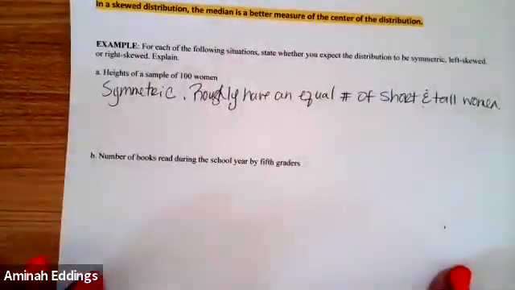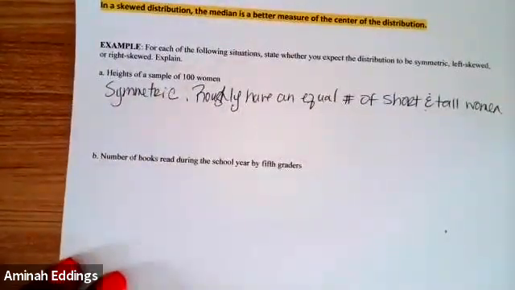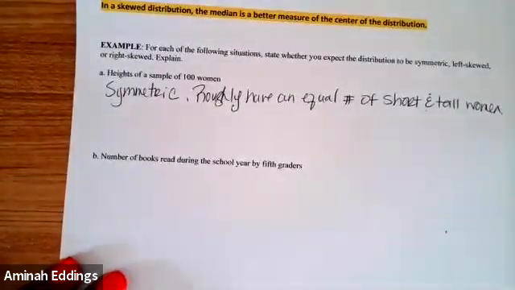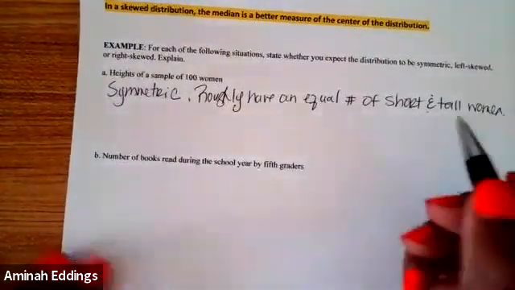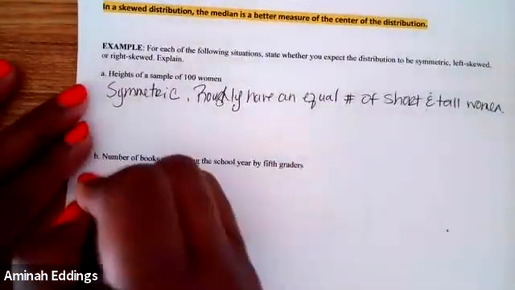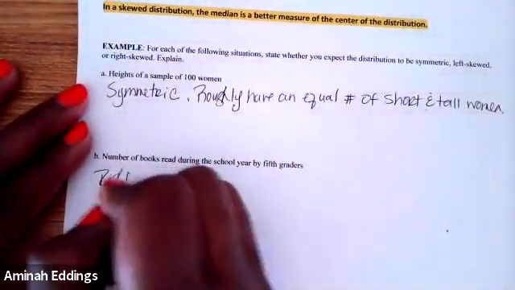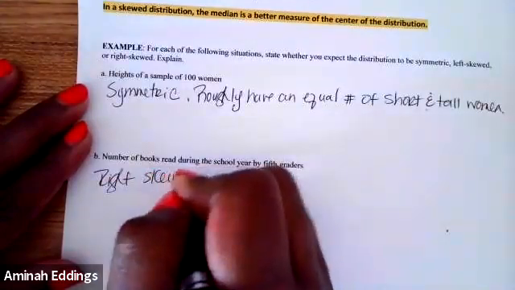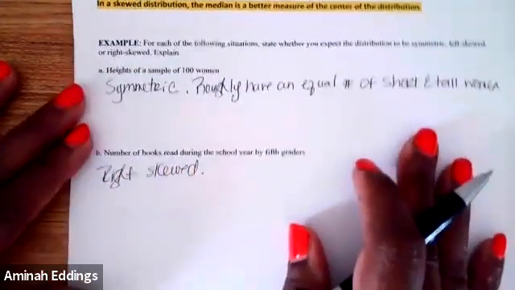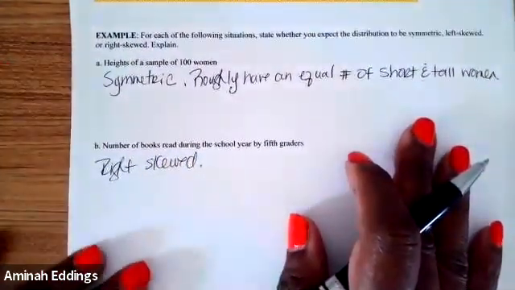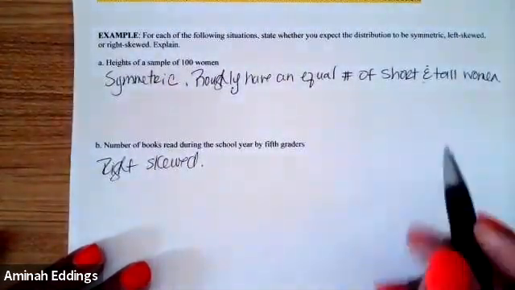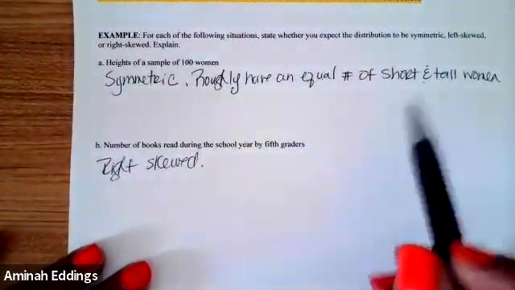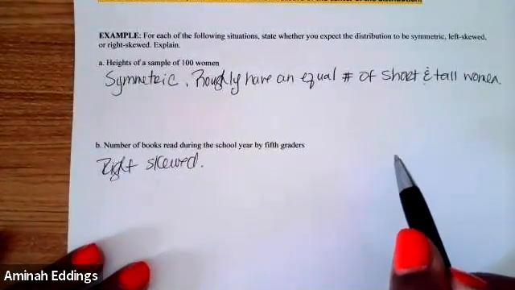Number of books read during the school year by fifth graders. In this case, I would say this one is right skewed. Think about it: most fifth graders are probably going to read an average number of books.